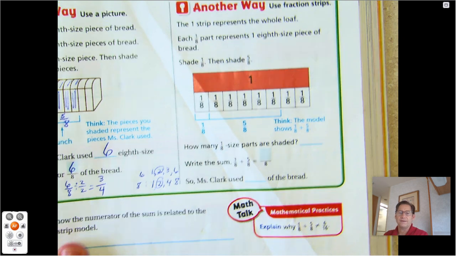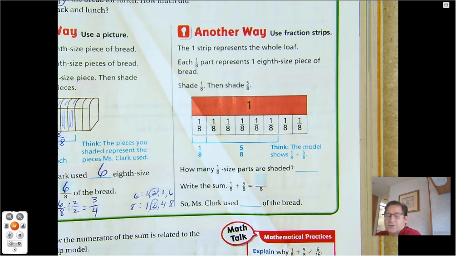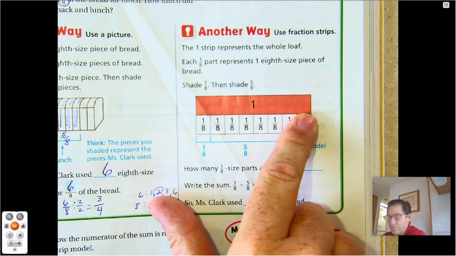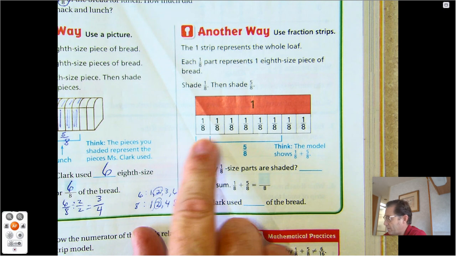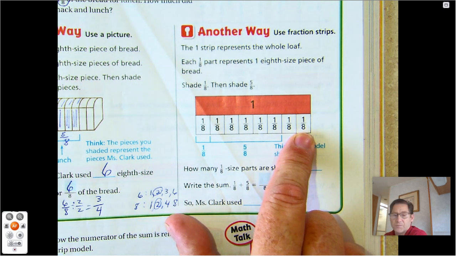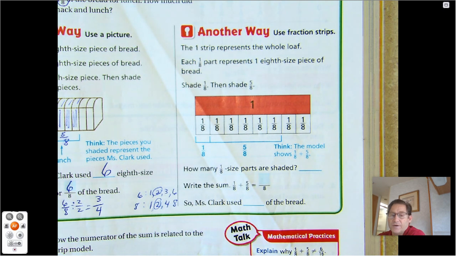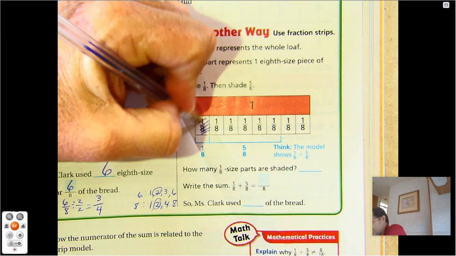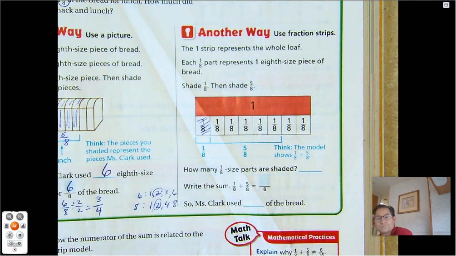All right. Another way is we can use fraction strips. We talked about these yesterday. And so the strip represents a whole loaf, right? This would be the whole loaf. Each of the small pieces, or each 1/8 part, represents a 1/8 size piece of the bread. So if we were using fraction strips, we would shade in 1/8 and then shade 5/8.